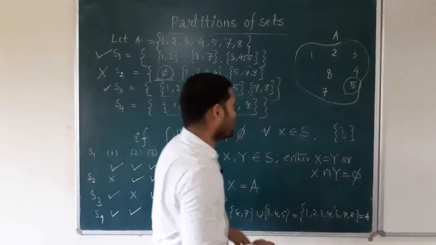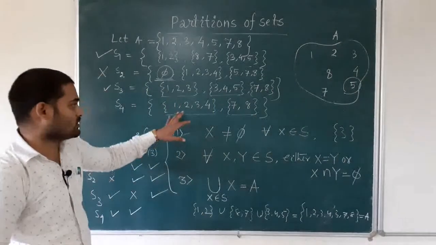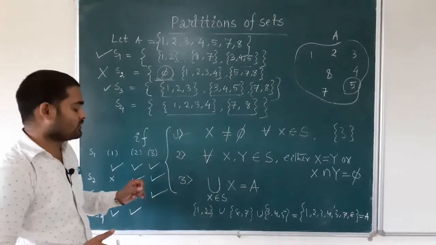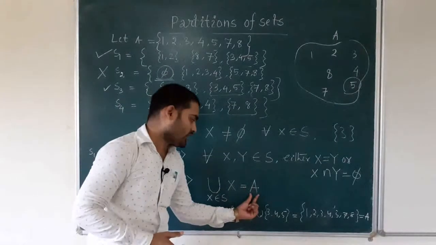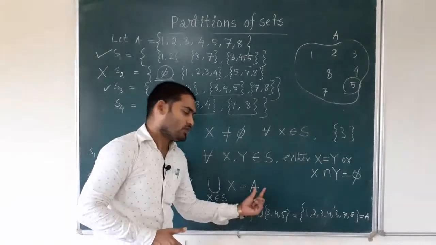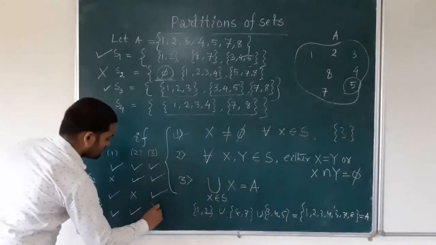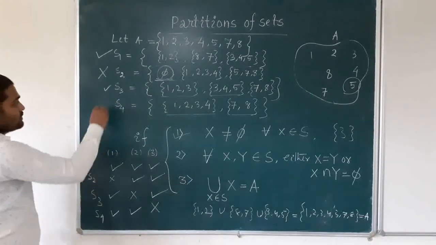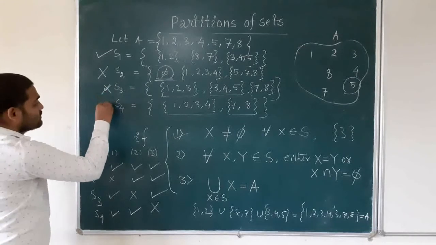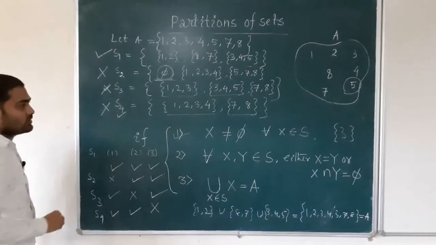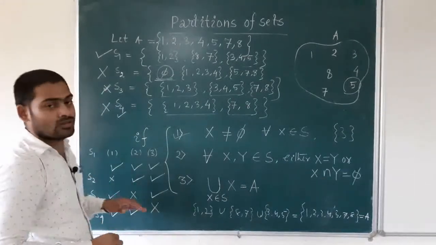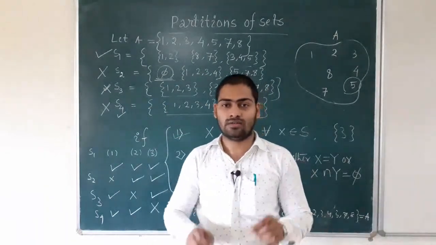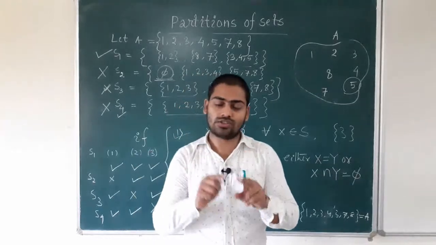If you find the union of these two sets, you cannot get the set A. That's why the third condition is not satisfied, so this collection is not a partition of set A. Understood?